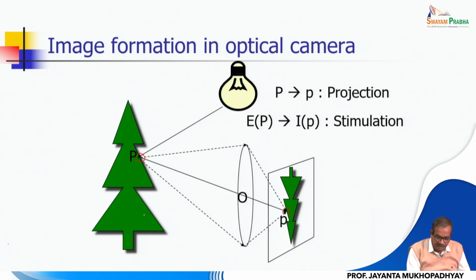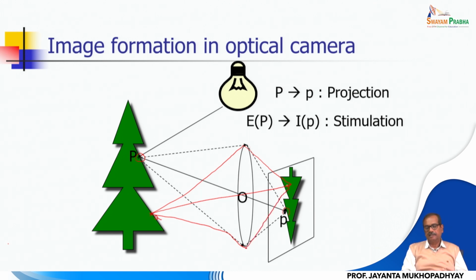Suppose you have a point Q. In the same way, I form the image at q, and the energy reflected from Q is made convergent to this point because of the lens action.